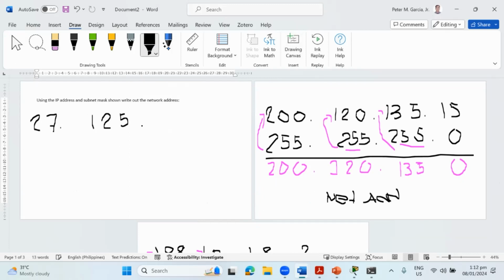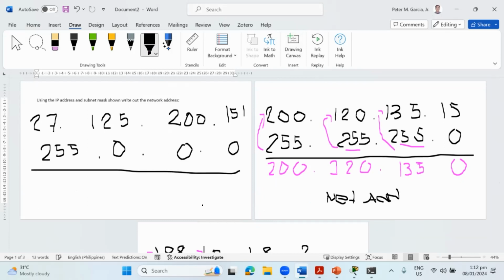127.125.200.151. Subnet mask niya ay 255.0.0.0. What is the network address? Anong network address naman yan? So tatandaan, kapag hinahanap natin ay network address, kapag ang subnet mask ay 255, just simply copy the value above.